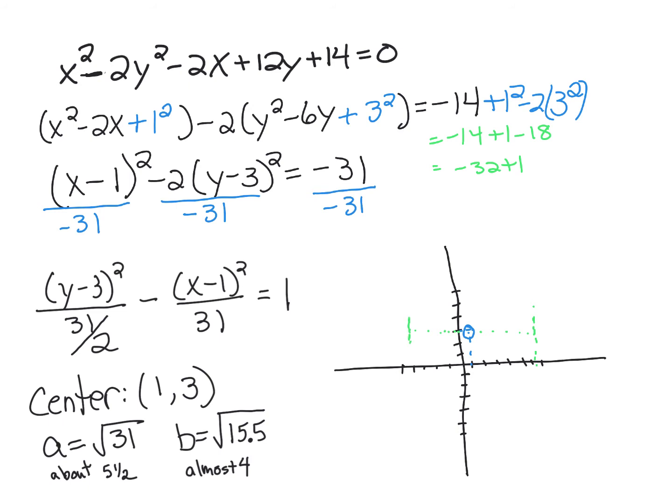In the y direction, I'm going to go almost 4, 3, 4 would be there. I'm going to go almost that far. I'm making my box. Down, 2, 3, 4.